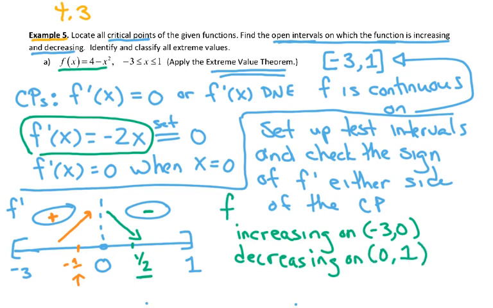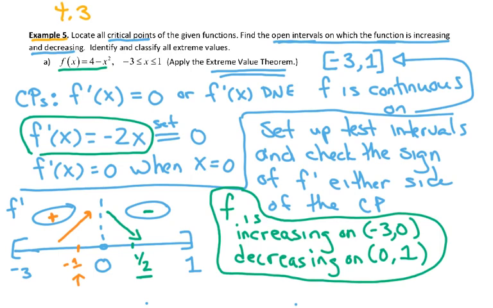And we're talking about F. So maybe I'll say F is doing this. Now, the nice thing about these test intervals is that it gives you a good visual. Doesn't that just look like a maximum? Because your function is going up and then it has a horizontal tangent, then it's going down. And yes, that is the case.